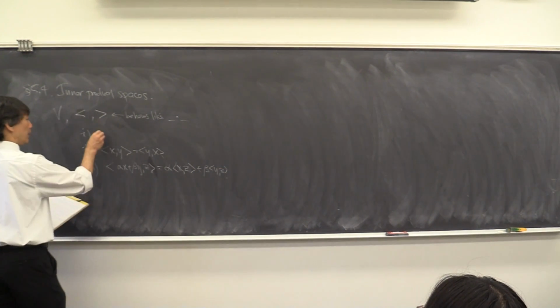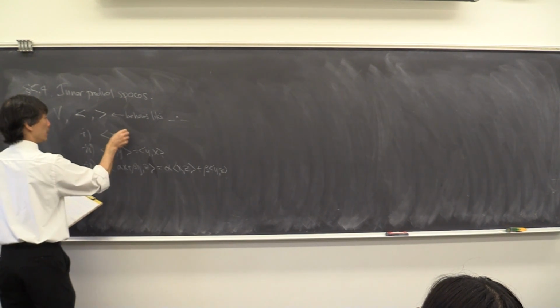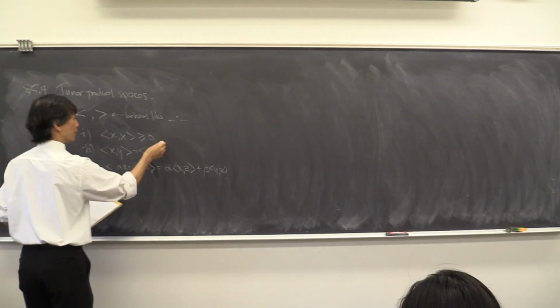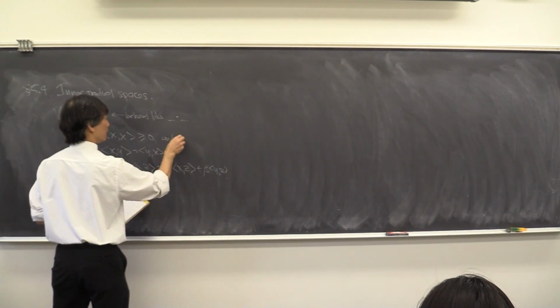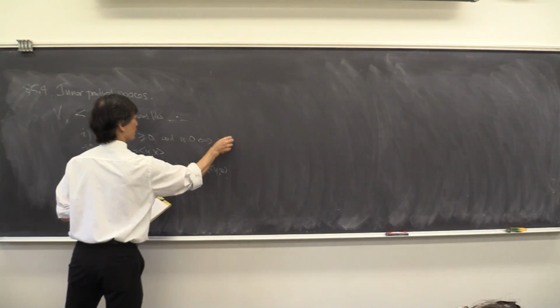And then we also have this positivity condition: x against x is always greater than or equal to 0, and is 0 if and only if x is the 0 vector.